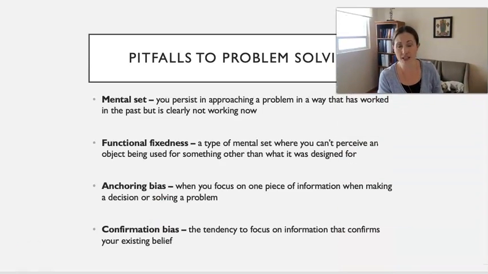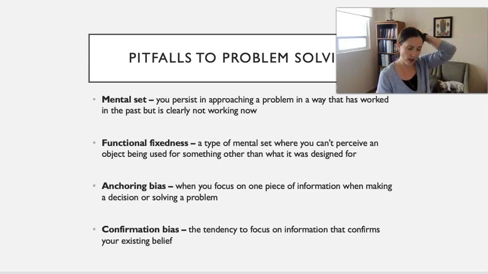But before we get into the specific types of heuristics, some other pitfalls. One is mental sets. This is when you persist in approaching a problem in a way that has worked in the past but is clearly not working now.